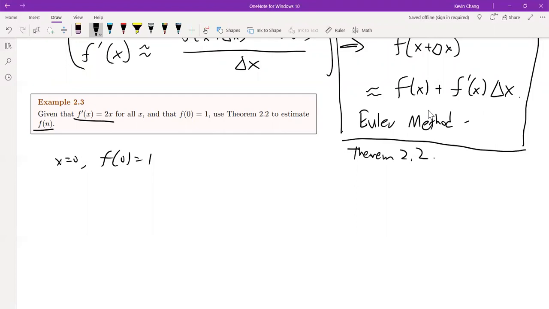So the first thing we need to pick is what our delta x should be. In this case, we want our eventual x value to go from 0 all the way to the value of n. So remember, each time we are incrementing by delta x. So let's just say that delta x is equal to a number n divided by some number, let's say k. So k is going to be an integer here. And we're basically splitting our domain, which is from 0 to n, into k individual parts with delta x, which is the interval between them, of n over k.